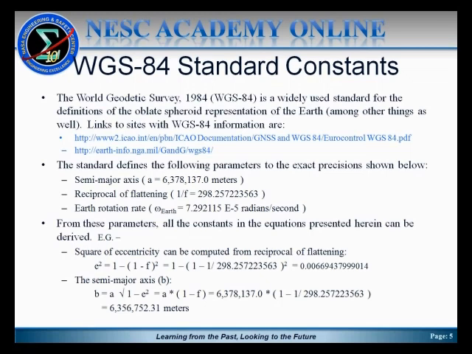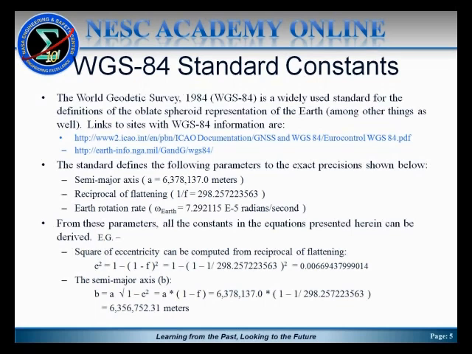And from these parameters, all the other parameters that you need for doing calculations of geometry over an oblate spheroid can be derived. As mentioned earlier, in part 1 we discussed the equations that can be used to do those translations. In particular, you can calculate the square of the eccentricity as 1 minus the quantity 1 minus flattening, squared.